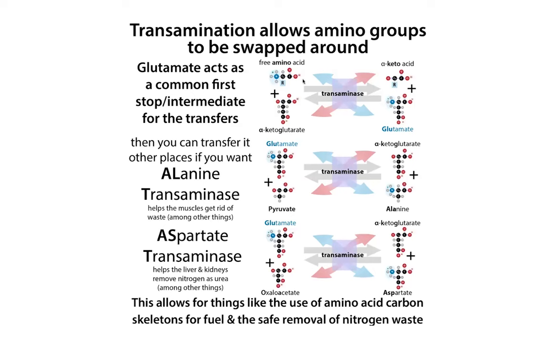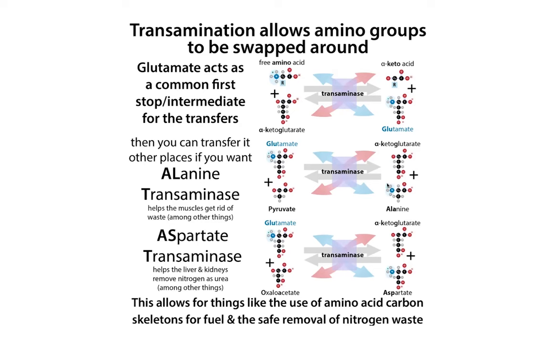Often we're going to be making glutamate because then we can have transaminases that specialize in using glutamate to pass the amino groups from glutamate onto other molecules. So for example, if you took a pyruvate, you could have an alanine transaminase pass an amino group from that glutamate onto pyruvate to give you alanine.